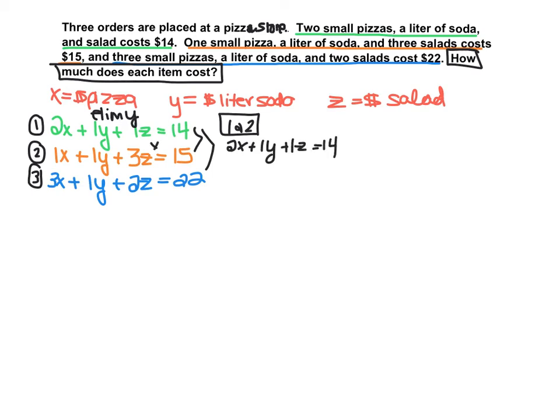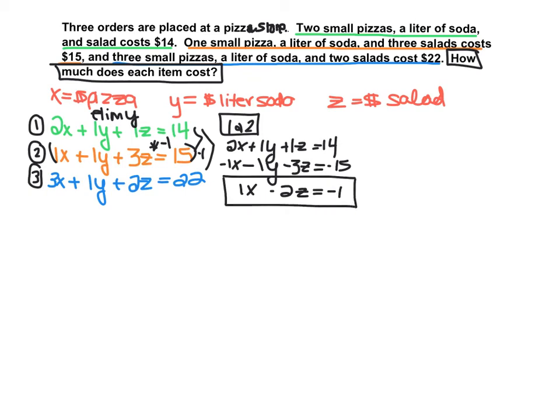And then I'm just going to multiply this second one through by a -1, so that the coefficient of y flips to a -1. So we have everything here multiplied by a negative 1. So I have negative 1x minus 1y minus 3z is equal to a negative 15. And then if I add straight down, I have 1x minus 2z is equal to a negative 1.